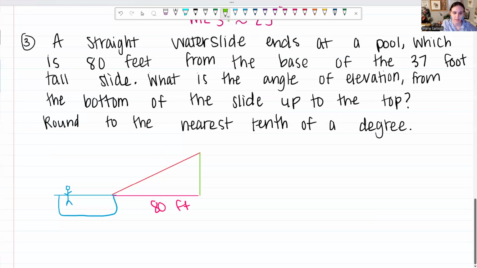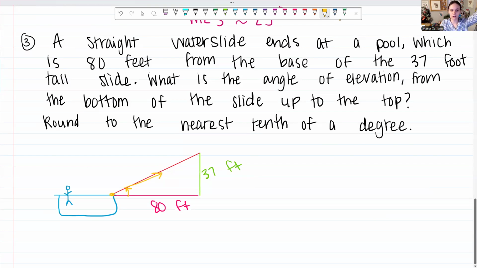So there's probably some stairs here going up. We want to find the angle of elevation, meaning it's going up from the bottom of the slide up to the top. So the bottom of our slide down here, up to the top.